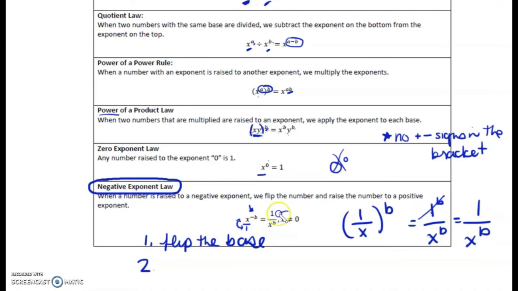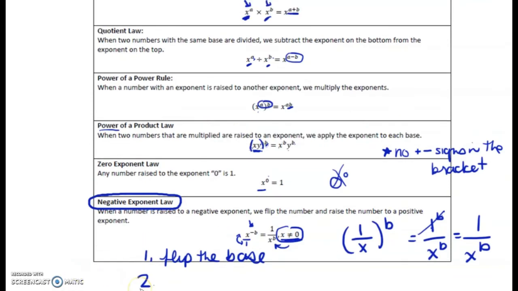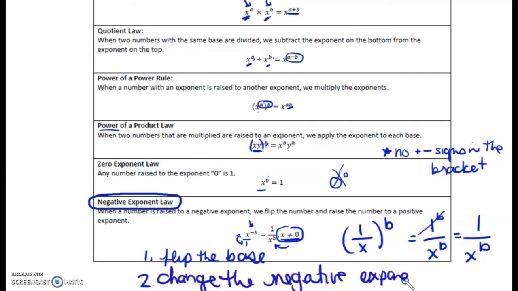And we know that the denominator cannot equal 0, so there is a restriction on the domain there. So the number 2 is that we change the negative exponent to a positive.